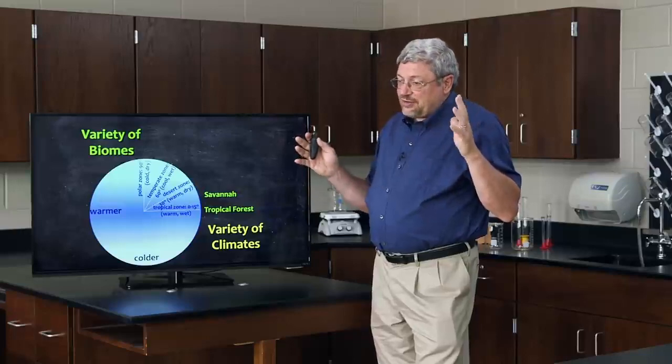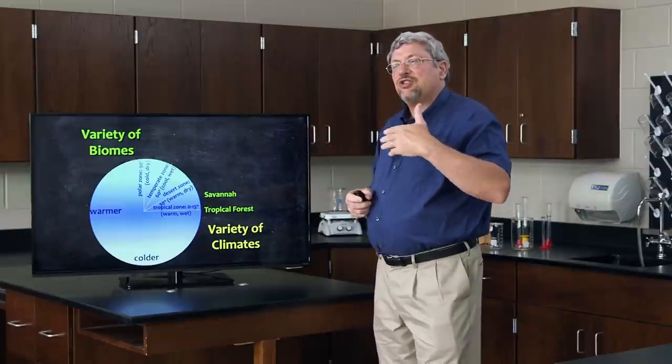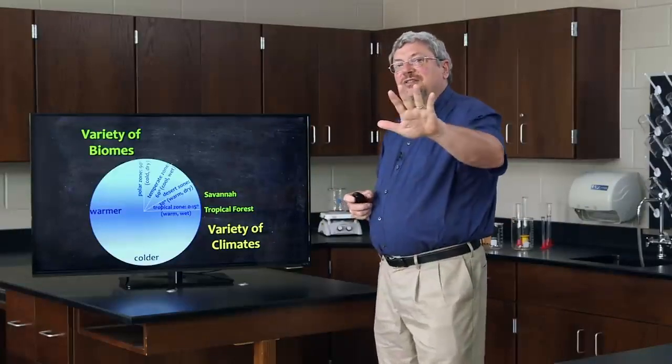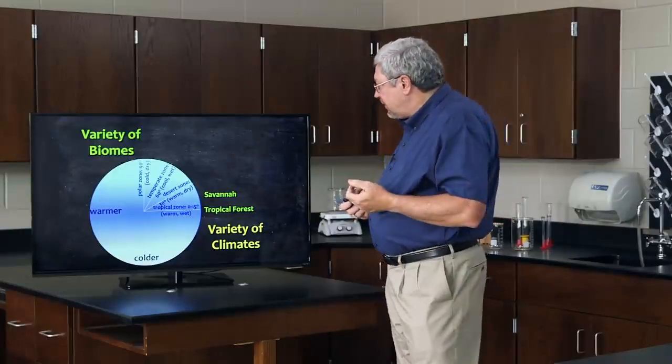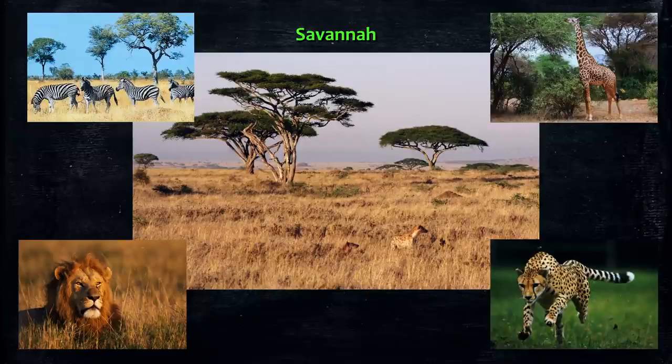So these areas end up being full of grass, which can burn and survive that burning, but very few to no trees. So the savanna is what you see on either side of the tropical zone, to the north and to the south, dominated by grass with occasional trees, and then specially designed organisms for that particular situation.